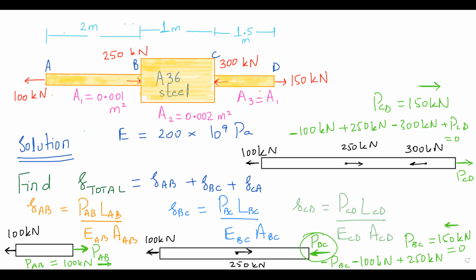But look at BC. This is my BC, right? BC, yeah, BC I'm talking about. BC looks to me, this portion looks to me in compression, because if you see here, 150, PBC is 150 is acting like this.